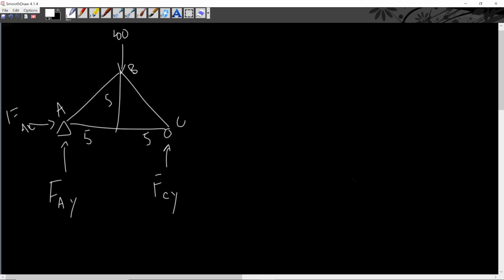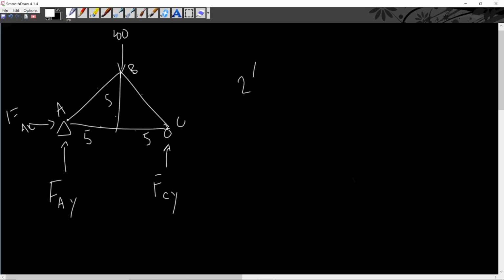Okay? And let's try and calculate everything. What do we know? Let's see if this is statically determinate or not. We have 1, 2, 3 joints.